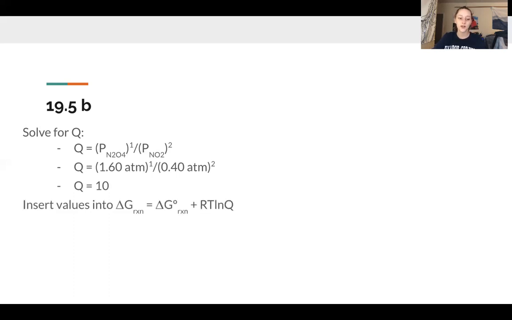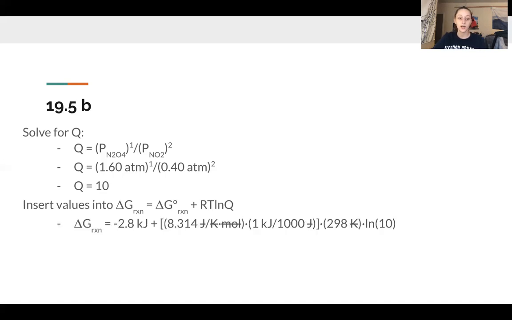Then you're going to insert values into this last equation, delta G of reaction equals delta G naught plus RT ln Q, using the delta G naught of reaction that you found from 19.5a. So you get negative 2.8 kilojoules plus 8.314 joules per Kelvin mole, but you need to convert that into kilojoules because delta G is in kilojoules.